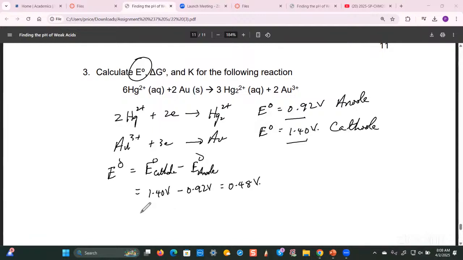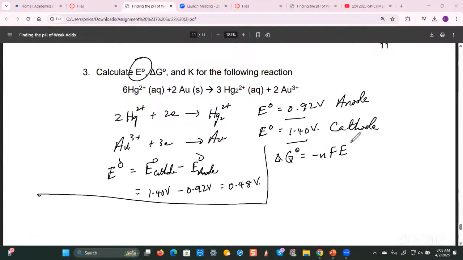And the next question is asking, let me just draw a line here to separate that, is delta G. Delta G standard would be equal to minus n F times the standard EMF, right? Remember, n is the number of electrons that is transferred between the 2 from the cathode to the anode, right?